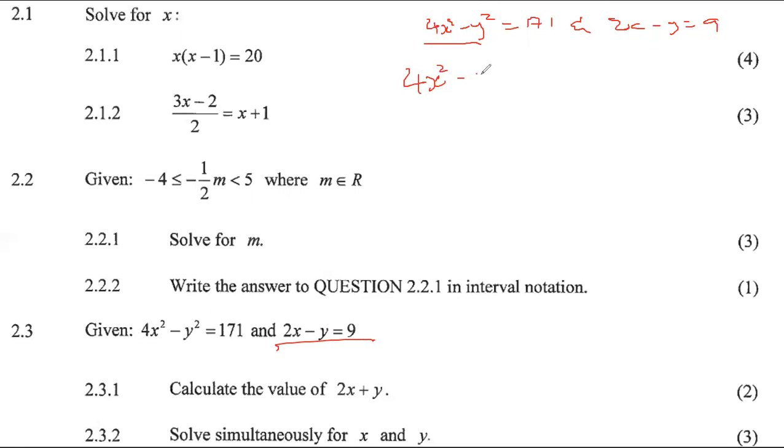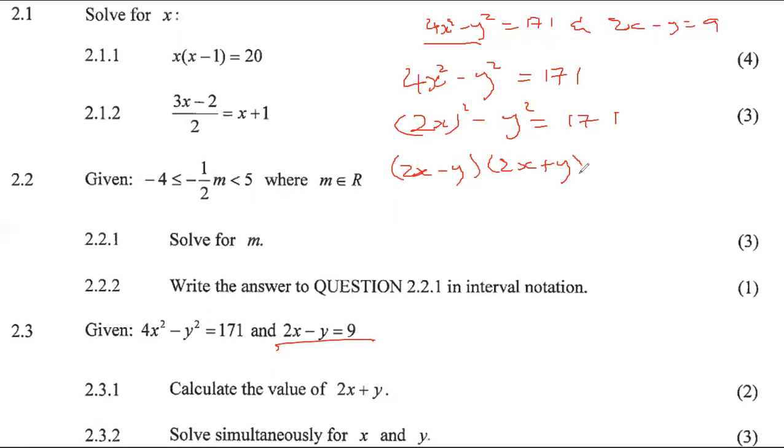So if you look at this, guys, we are given that it is equal to 171. 4x squared is the same as 2x squared, so you can see this thing is that minus that. And yes, this is 171. So this thing here is actually 2x minus y into 2x plus y, a difference of 2 squares. This is 171. But we know that 2x minus y is 9, and the question says calculate the value, so there shouldn't be an x and y in finding the value, okay?